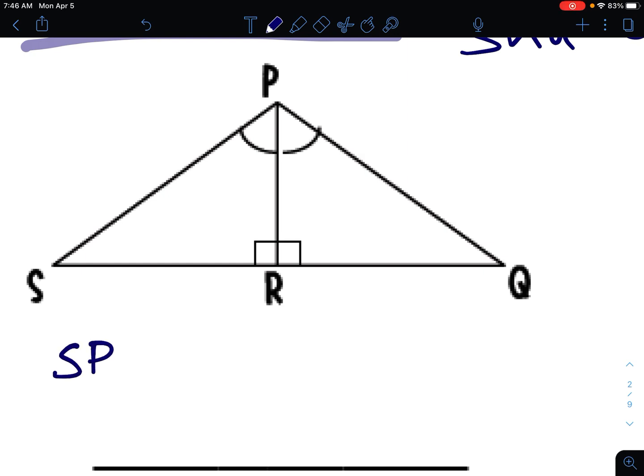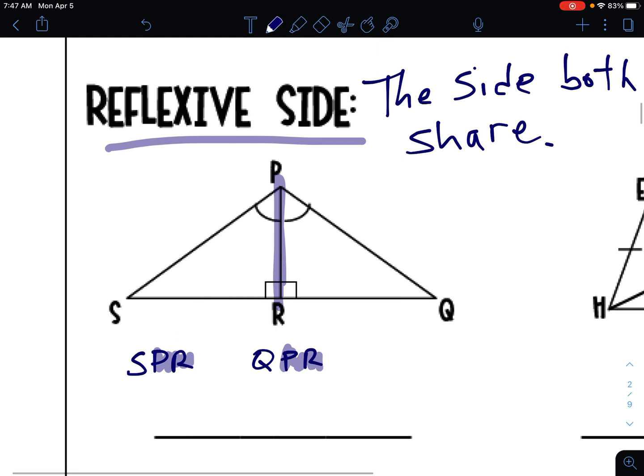If we split it apart and we name the 2 triangles SPR, and then we name the other triangle QPR, you would notice that they have the same 2 letters in common. They have this PR in common because it's on both sides. That is what we call the reflexive side.